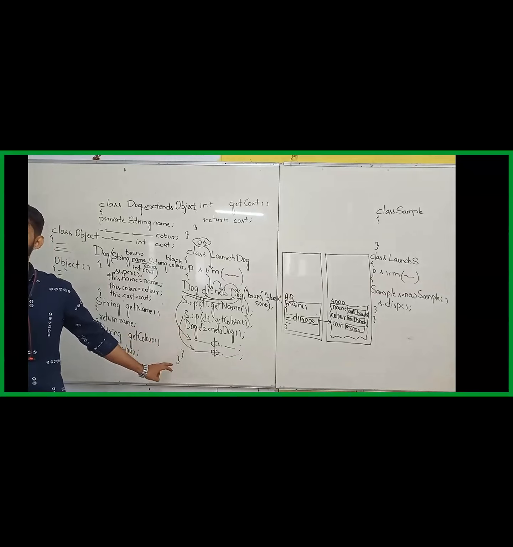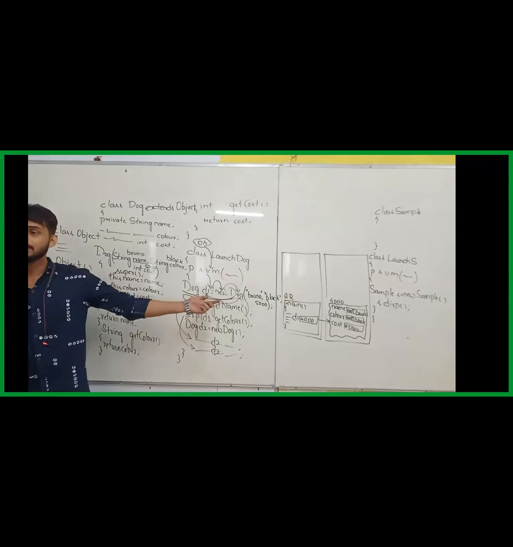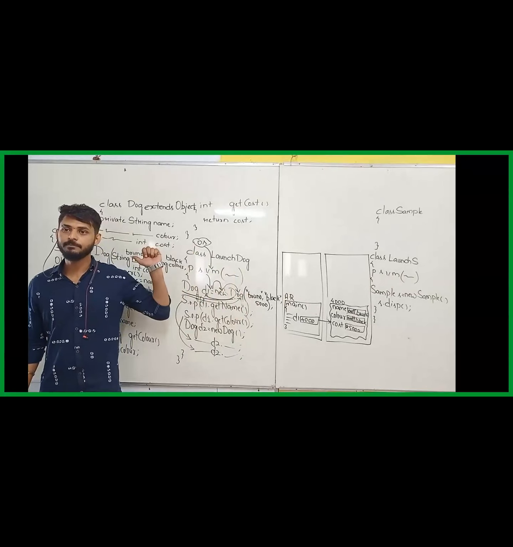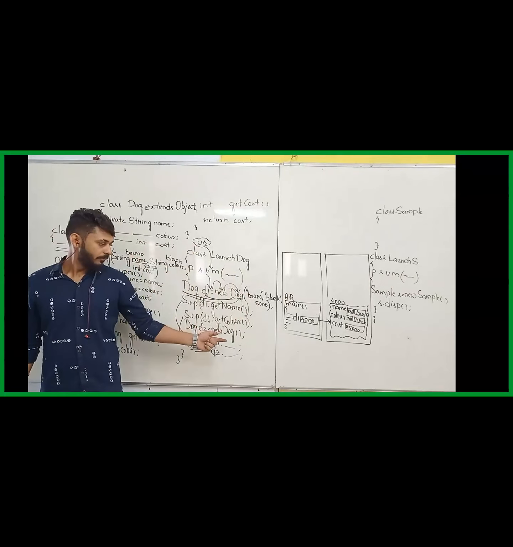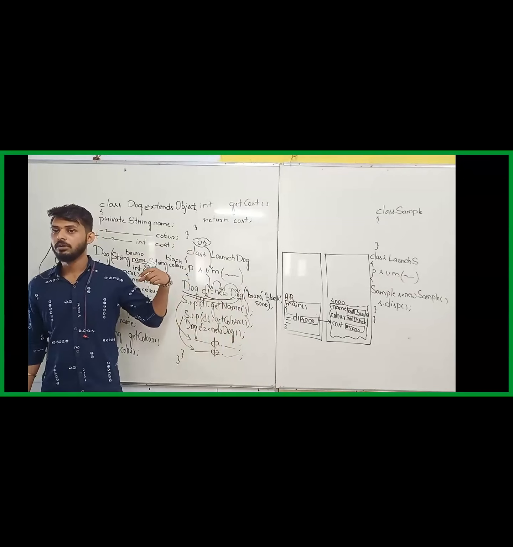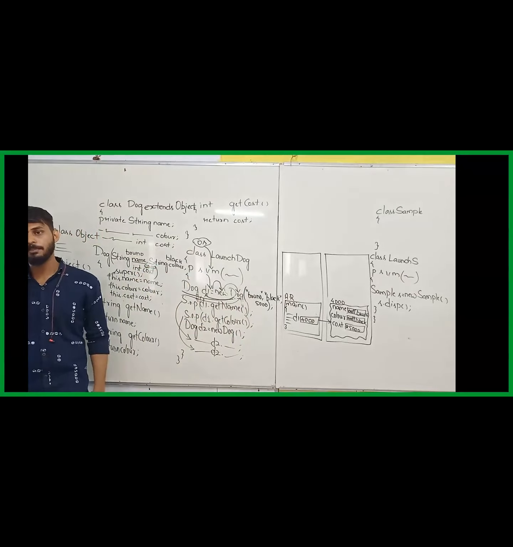So if anyone gives a program like this, first you observe. Getting my point? First you observe whether suitable constructors are there or not. This one, for dog, three parameters. Is it there? Yes, it is there. For dog with zero parameters, is it there? No. Immediately you think, will your compiler include a default constructor? No. Why?